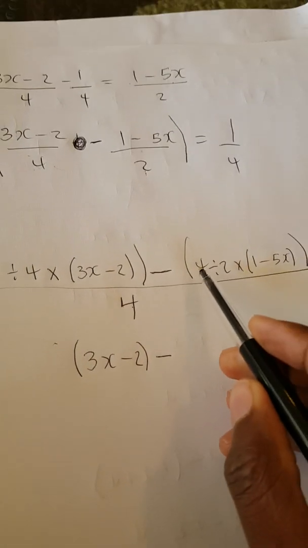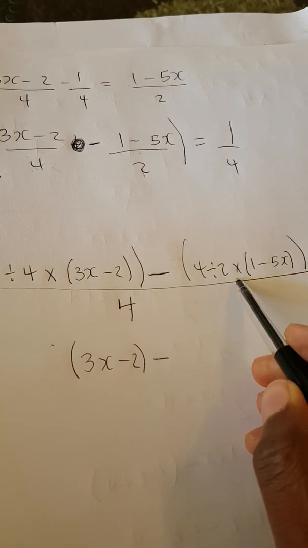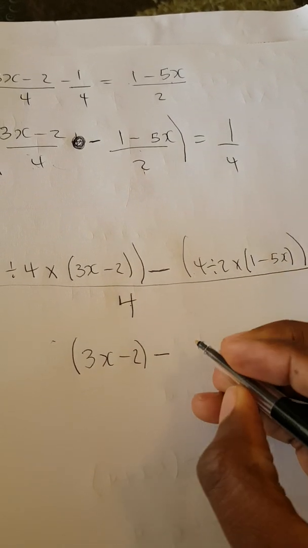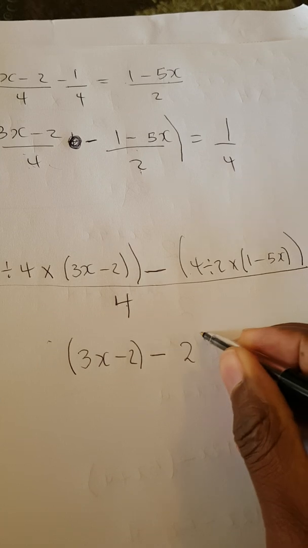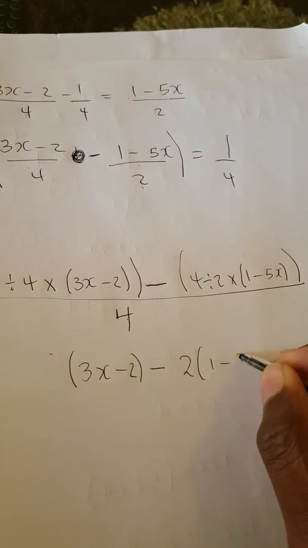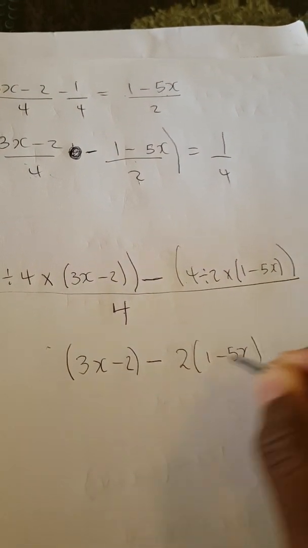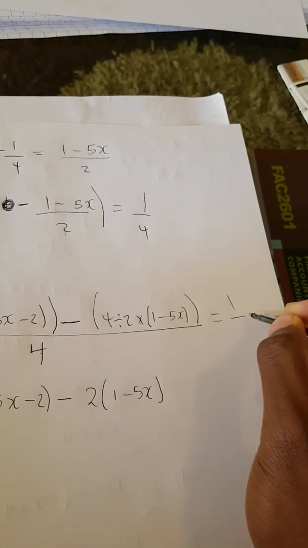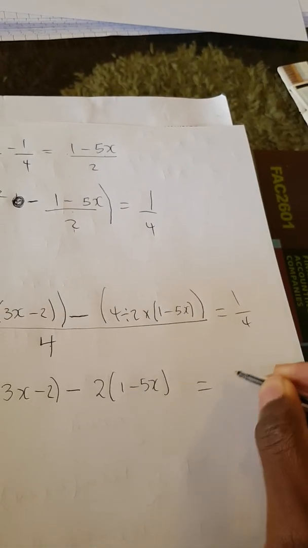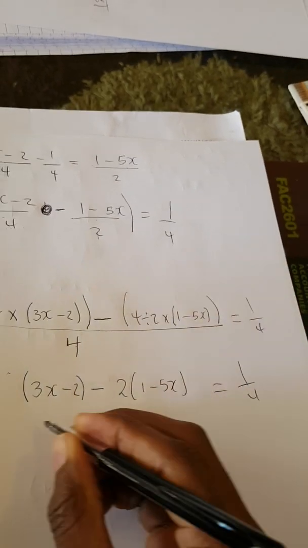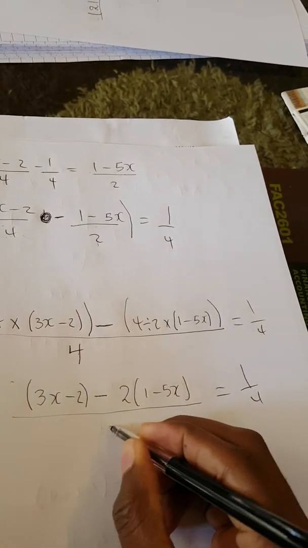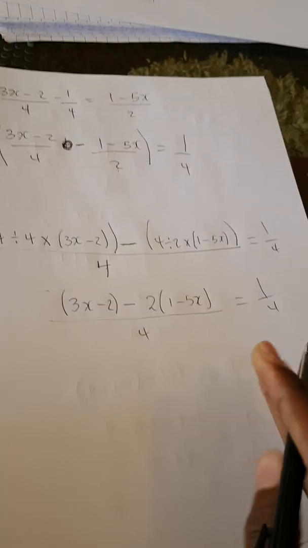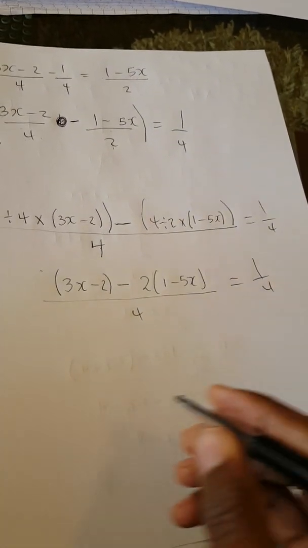So now 4 divided by 2 is going to be 2, so here we're going to have 2 times 1 minus 5x, close the bracket. Remember, it's equal to positive 1/4 here, even is equal to positive 1/4 over 4. Okay, so this is how it operates.